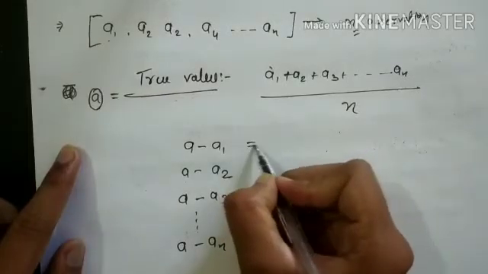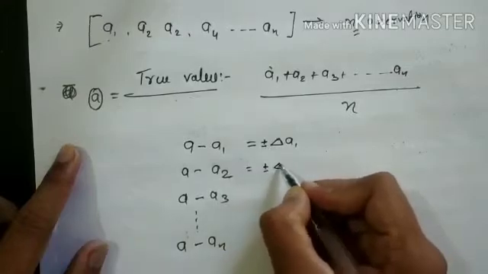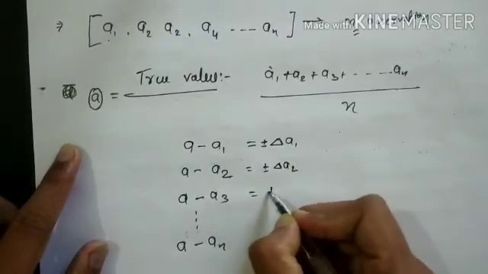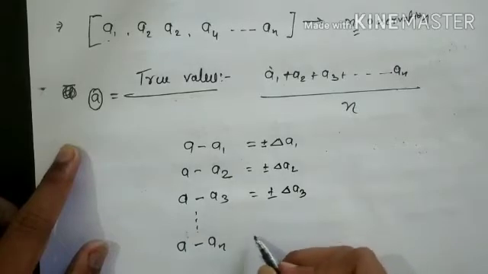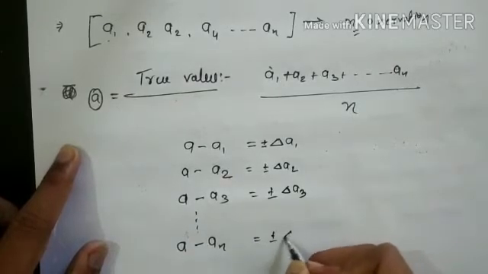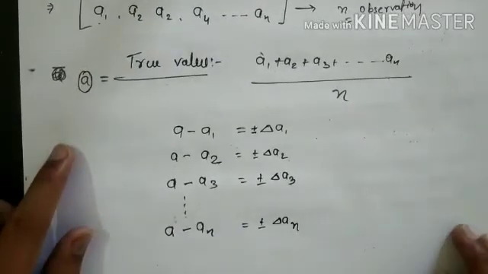Friends, this is delta A1. It may be positive or negative. Similarly, this is delta A3 and also may be positive or negative, up to delta An.